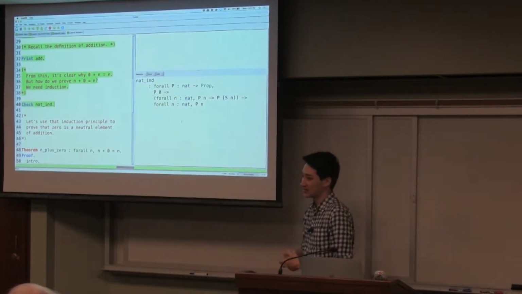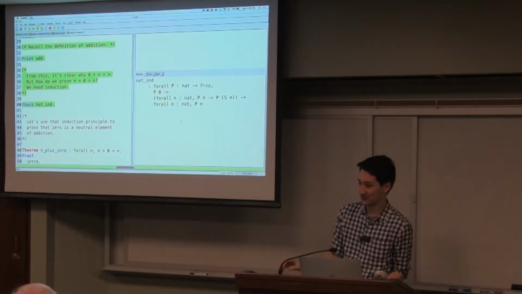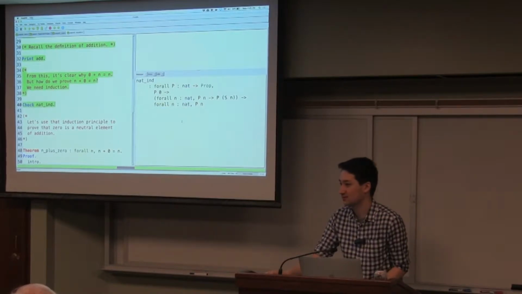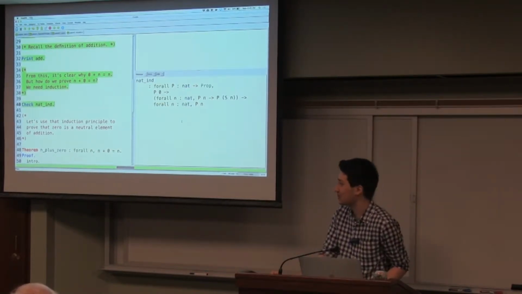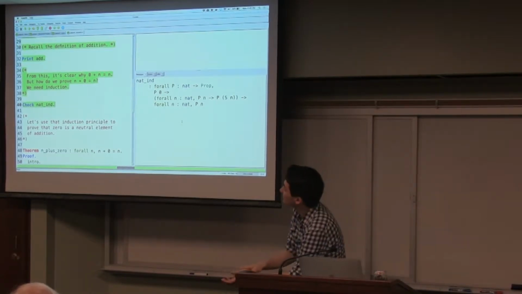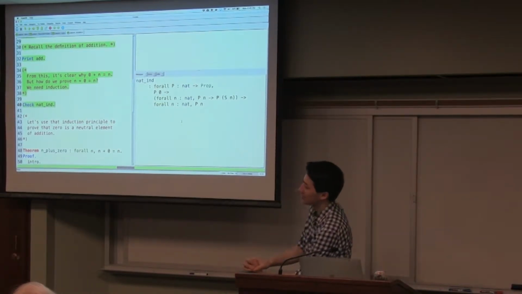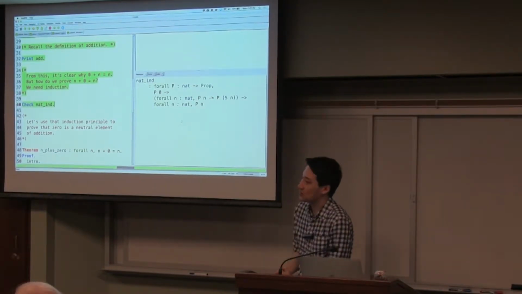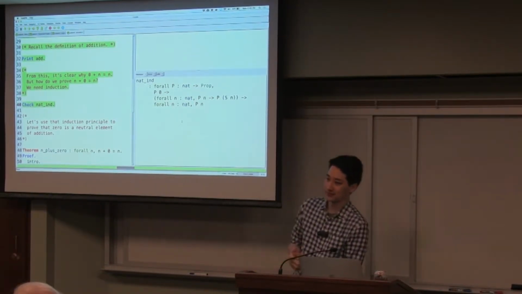So that's how induction works. I prove that p of 0 holds without assuming anything, and then I have to prove that p of n plus 1 holds, assuming that it holds for n.